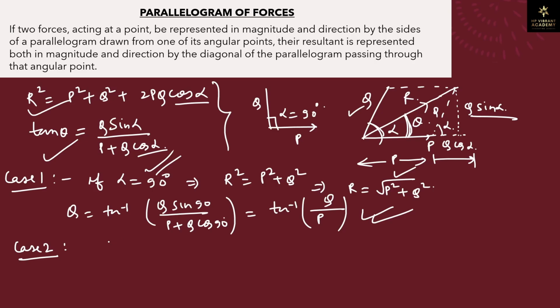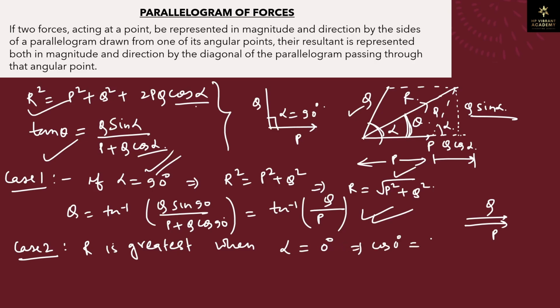So R is greatest when alpha is equal to 0 degree. If P and Q are in the same direction, this is P and this is Q, so alpha is equal to 0. Then cos of 0 degree is equal to 1.